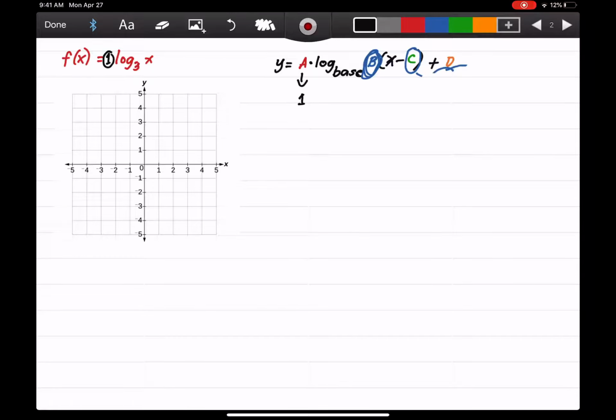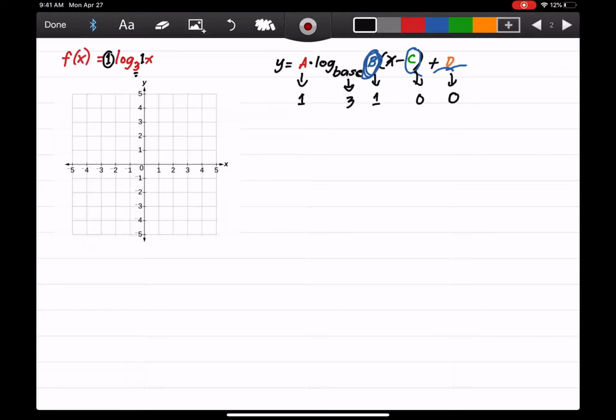And then your base here is 3. And your B value, so there's actually a 1 here. Your B is equal to 1, not 0. And your C value, so no number, that's going to be 0, and also we don't have a D value.